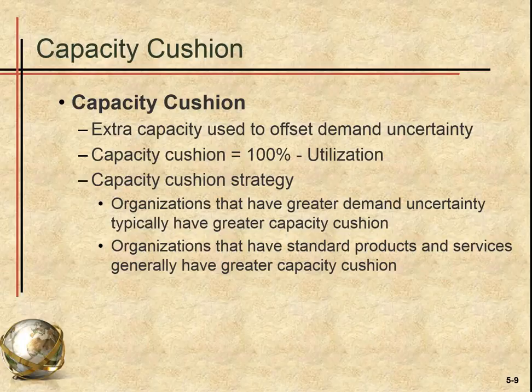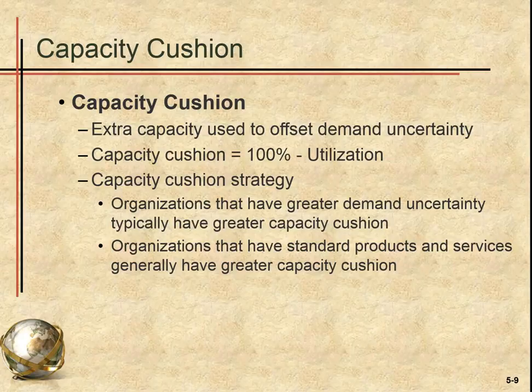In terms of cushion strategies, usually organizations that have greater demand uncertainty will have greater capacity cushions. Obviously, if it's very hard for you to anticipate demand, then you need to have a bigger cushion. But also companies that have standard products and services usually have greater capacity cushions. And if you ask why, it's because they can.